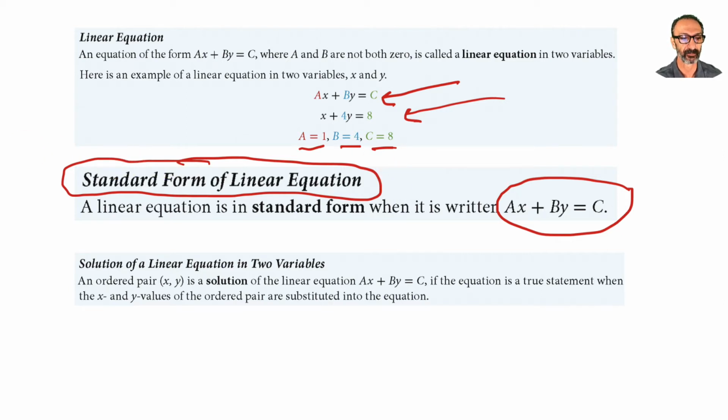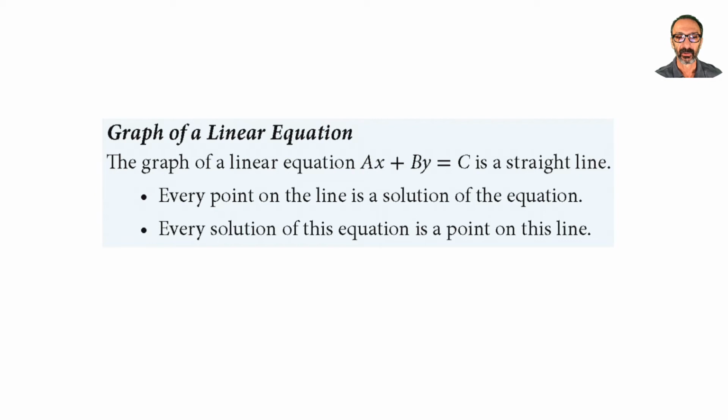Just to compare and know what's a, what's b, what's c. To graph a linear equation of the form ax plus by equals c, every point on the line is a solution of the equation. Every solution of this equation is a point on this line.